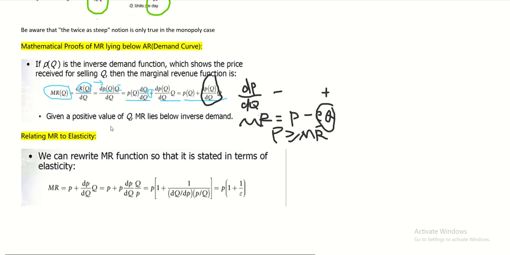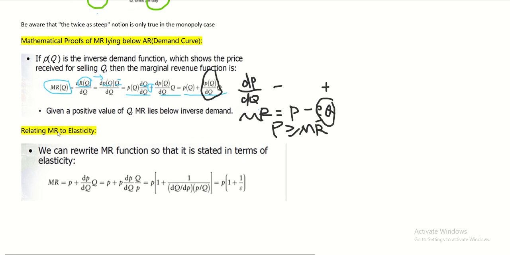And also, the final point I want to mention is how we relate marginal revenue to the concept of elasticity. We can actually rewrite that in terms of elasticity, as you will see in a second. We will take this function down to here, which is P plus dP/dQ times Q. Then we leave the first term as it is, and then we take out a P and divide by it, so it's essentially 1.